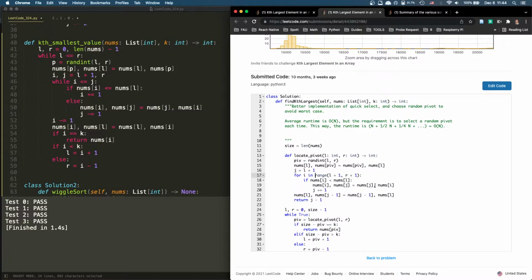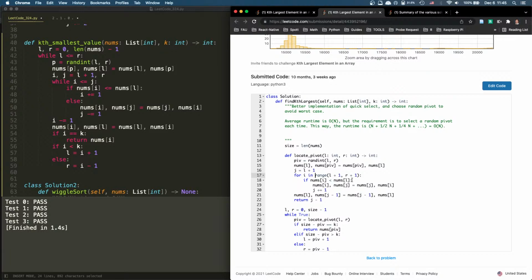So if it's kth smallest, are you saying I will be incrementing no matter what? If I is smaller than, if I is larger than, how can we keep incrementing? If num is smaller than this, now we swap the two, and J plus equal 1.